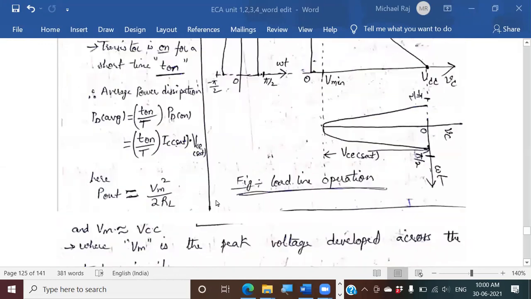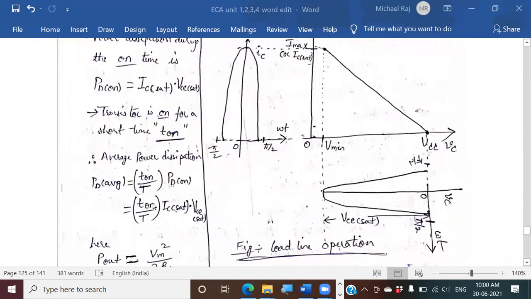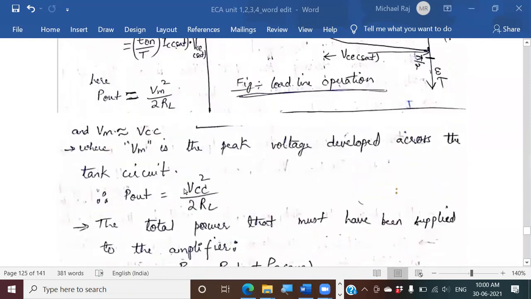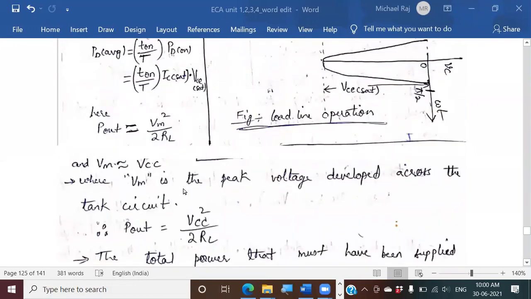Now see, output power is this, power dissipated is this. So what will be the total power? Suppose now you have 70 rupees, but you already wasted 20 rupees. Initially how much money did you have? 70 plus 20, isn't it?